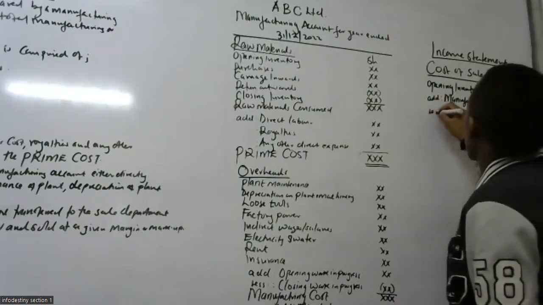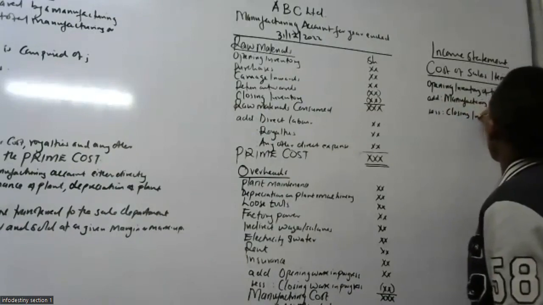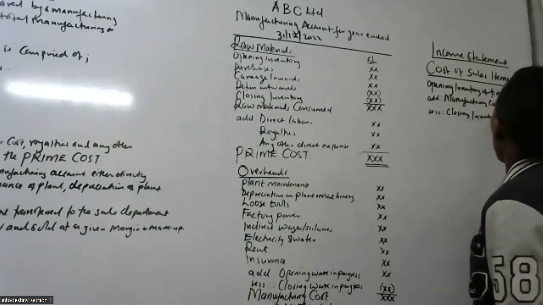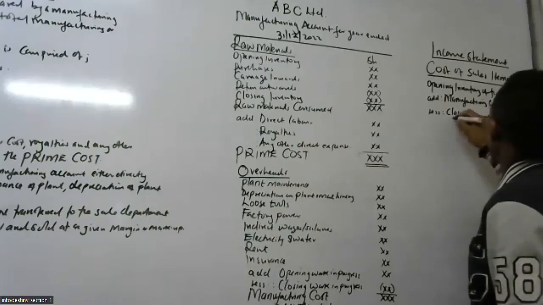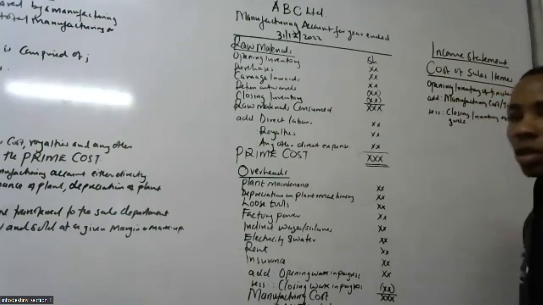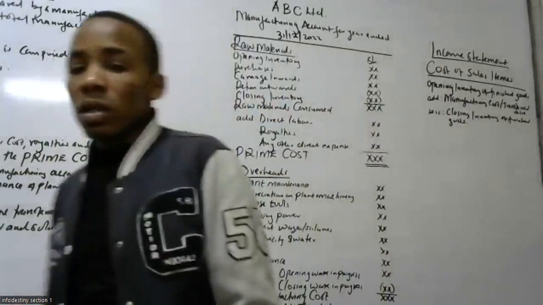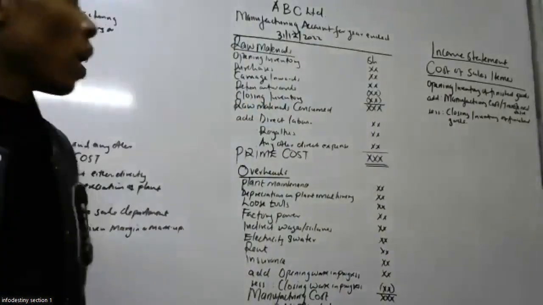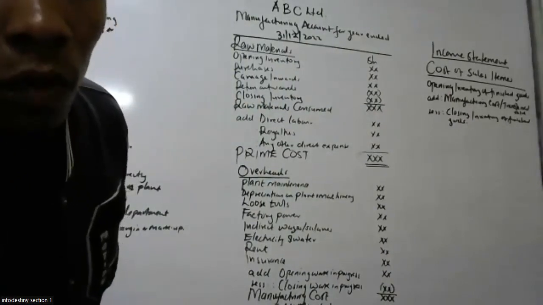Then you less the closing inventory of finished goods. Every other thing remains as normal and remains the same with other income statements that we have prepared before.